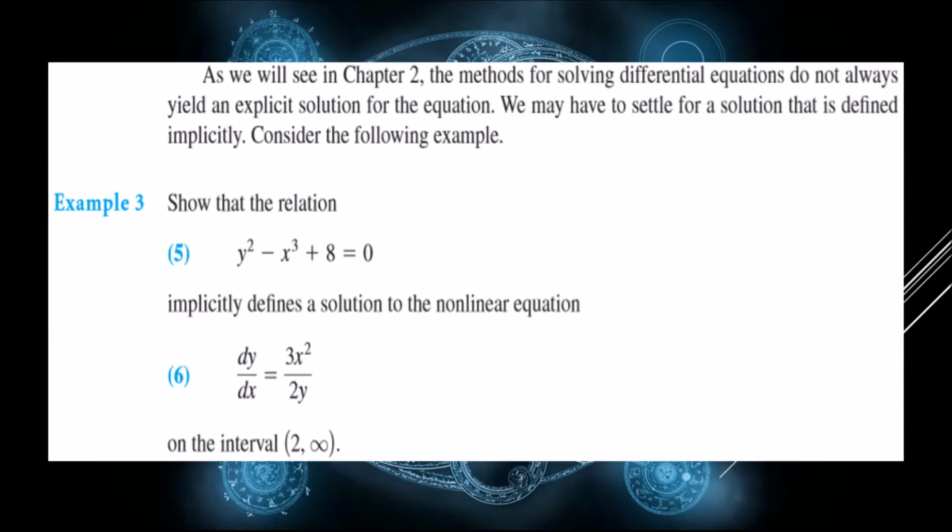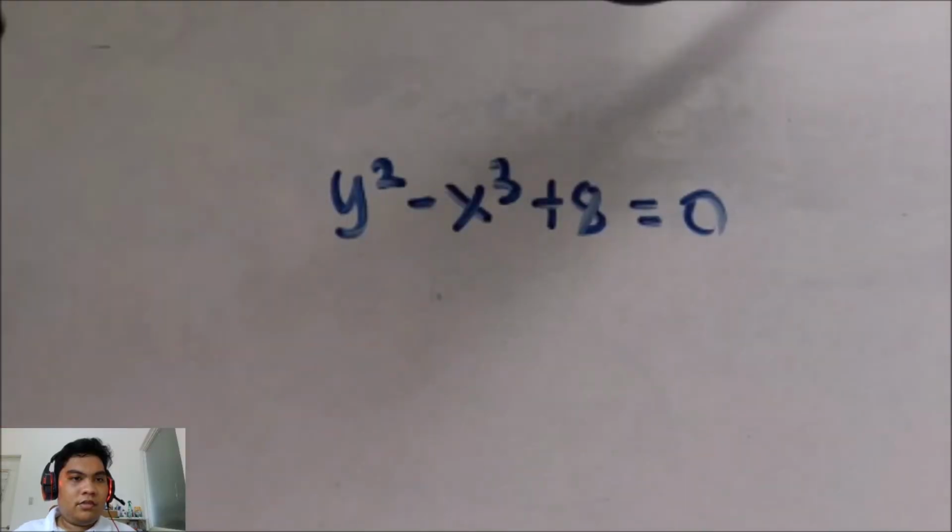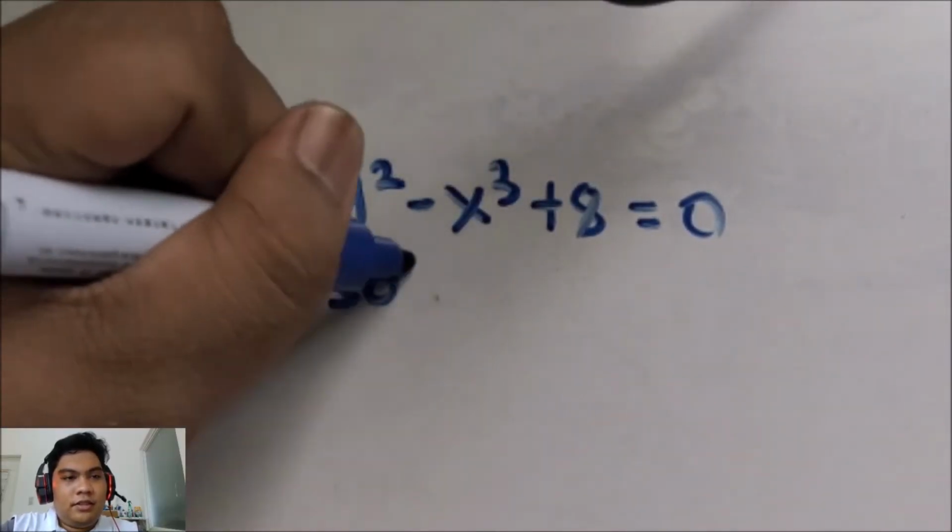Example 3 showed that the relation y squared minus x cubed plus 8 equal to 0 implicitly defines a solution to the nonlinear equation dy over dx equal to 3x squared all over 2y on the interval 2 to positive infinity. Okay, so here is the solution for example 3.